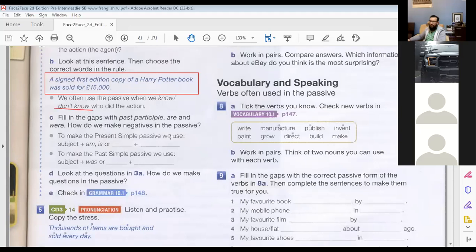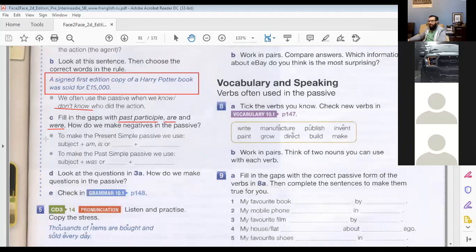Now we have a few tips here. It says fill in the gaps with past participle and are. So you have two options to use to complete the gaps. Three options, and we also have were. So we have three options we will use: past participle, are, and were. But let's see the two examples.